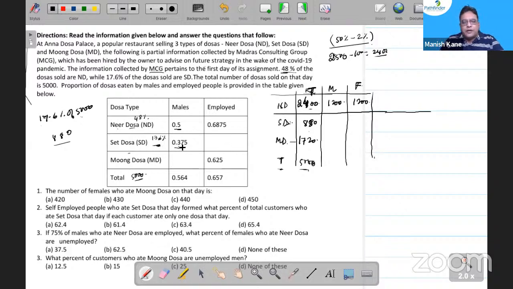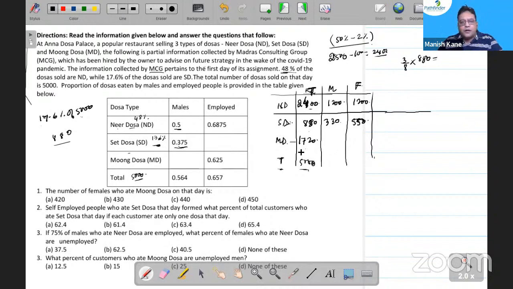Of the set dosa eaters, 0.375. So 0.375, I just now told you, is 3/8 of total set dosa eaters, that is 880. So this gives me 330 men eating set dosa. So how many females are eating set dosa? 550. This much is done.